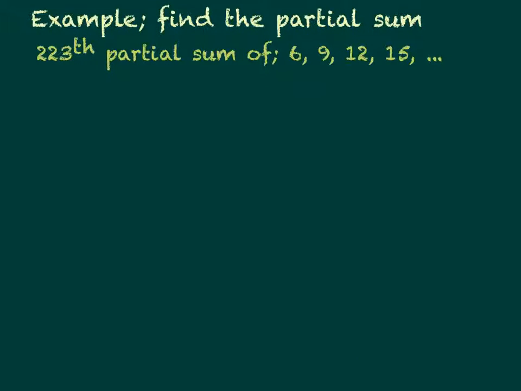This time I want to find the 223rd partial sum of 6, 9, 12, 15. Looking at my difference, 6 to 9, difference of 3, 3, 3. So we're adding 3 each time, so my D is equal to 3. And my a sub n equals my a sub 1, which is 6, plus my D, which is 3, times n minus 1.